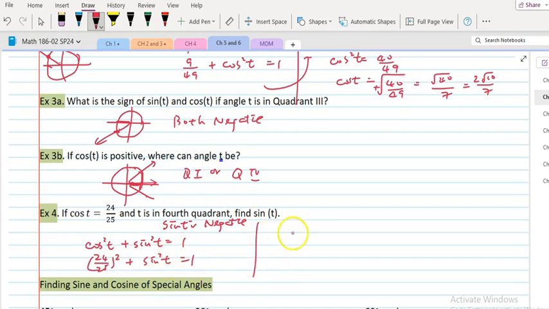Just like before, we subtract over. So sine squared t would equal 1 minus 24 squared over 25 squared.